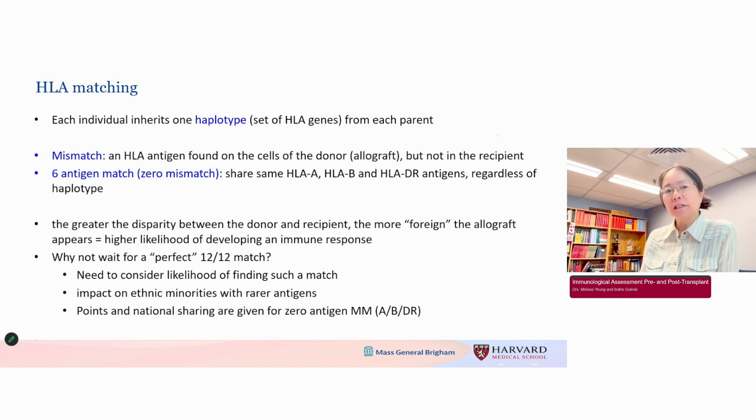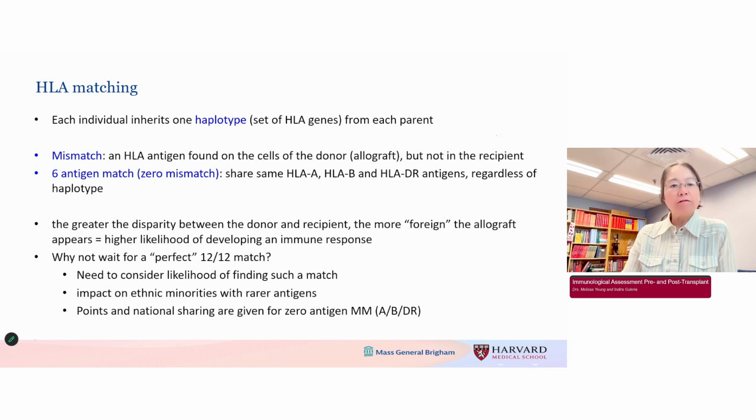But that's very, very different from saying it's a zero mismatch, meaning they're not mismatched at just A, B, and DR, because they are likely to have mismatches at the other loci. And so I think it's a misnomer, because then you really don't have that consideration.